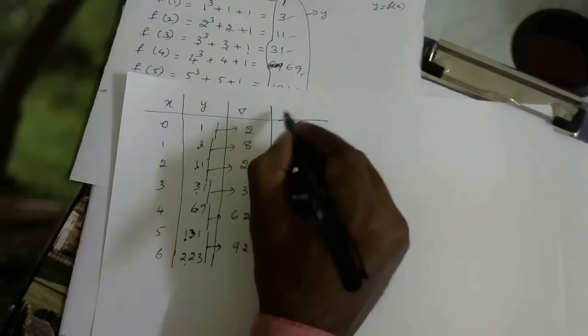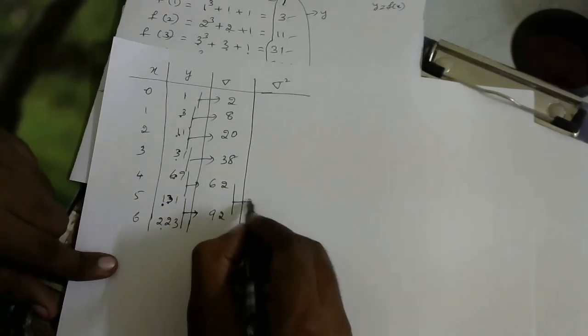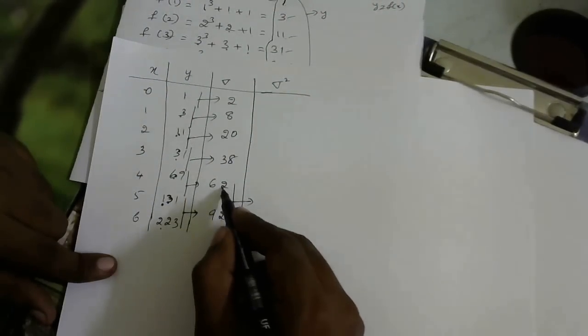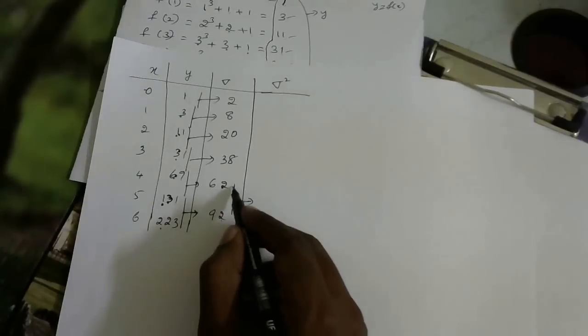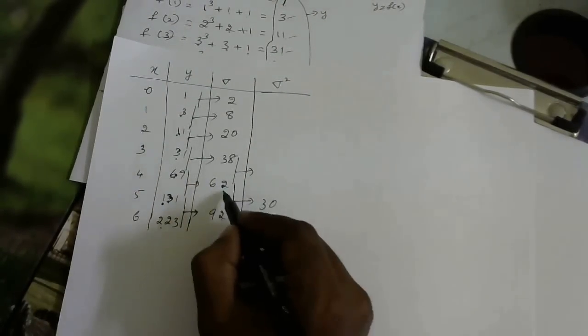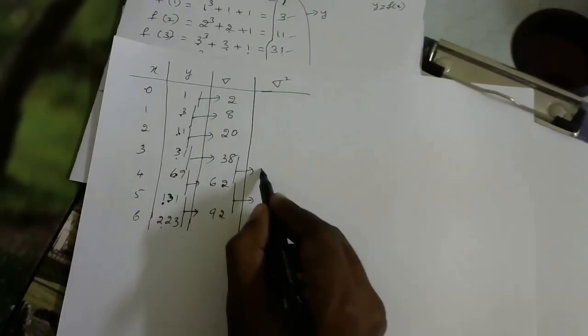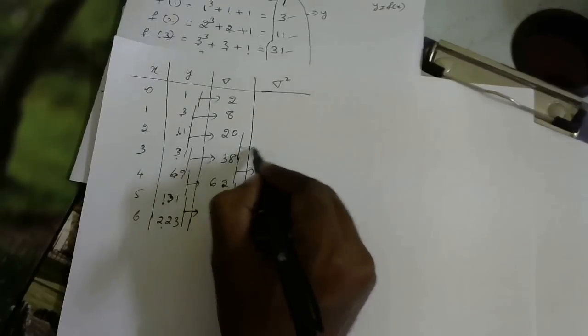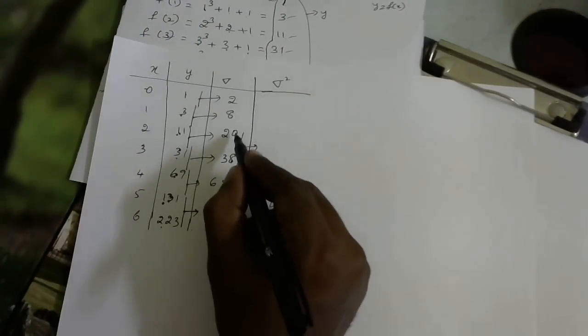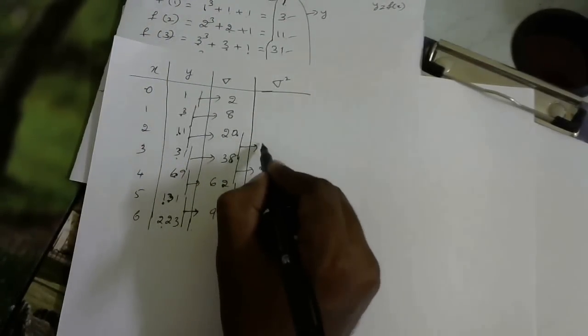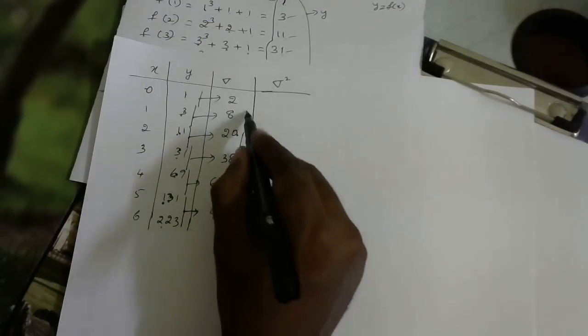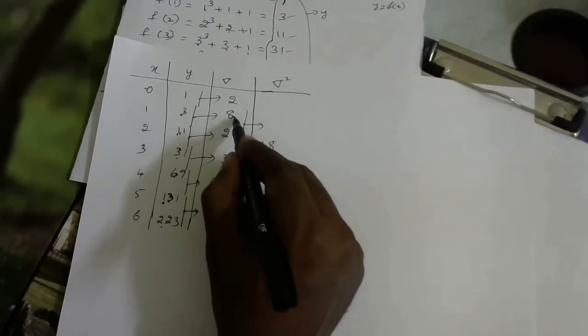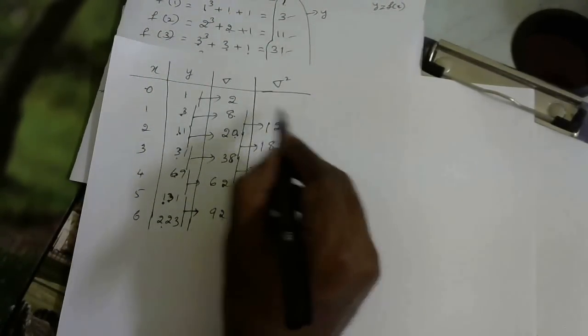Now the next difference, del square. Here you have to start from the bottom. So 92 minus 62, how much do you get? You will get 30. And here what do you get? 62 minus 38, you will get 24. And here 38 minus 20, you'll get 18. And 20 minus 8, you will get 12.